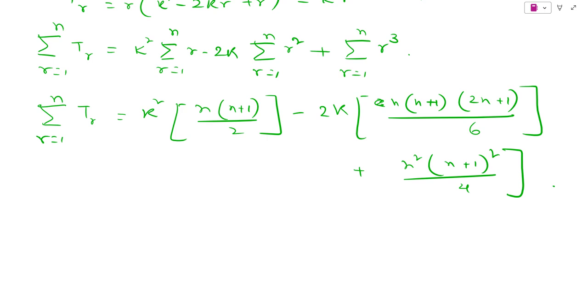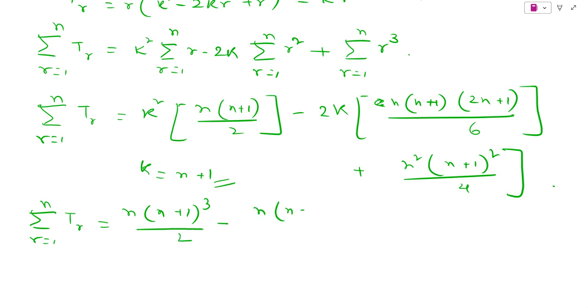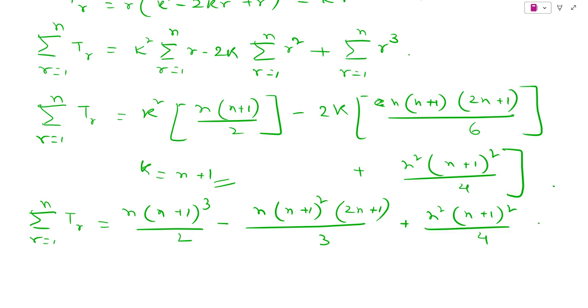Now, since k equal to n plus 1, we can substitute it back to see the common factors clearly. Okay, so summation r equal to 1 to n tr is n into (n plus 1) whole cube by 2, minus n into (n plus 1) whole square into (n plus 1) by 3, plus n square into (n plus 1) whole square by 4.